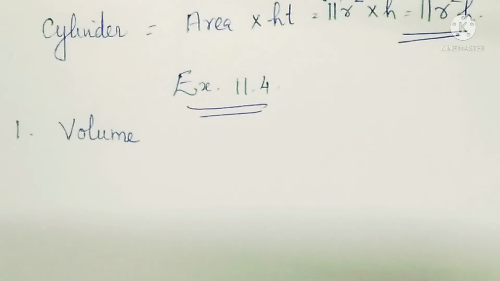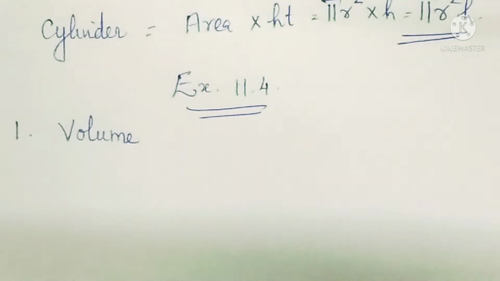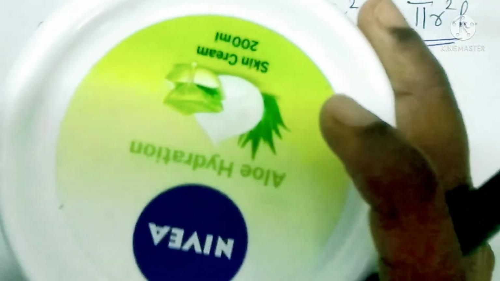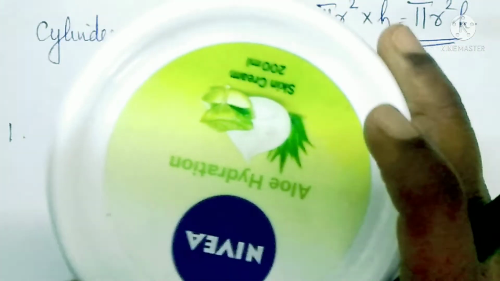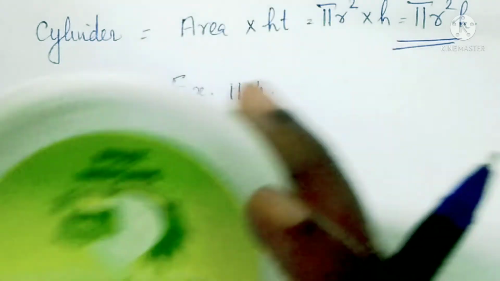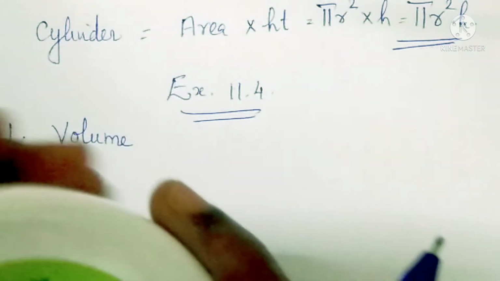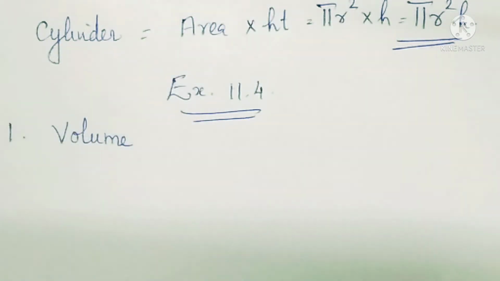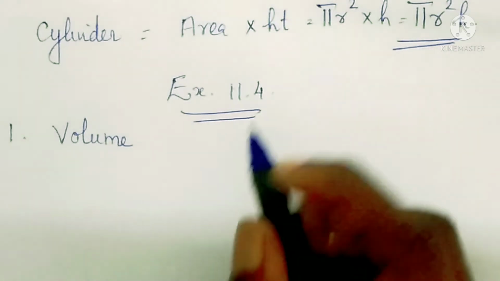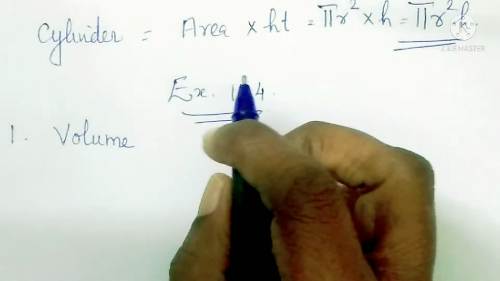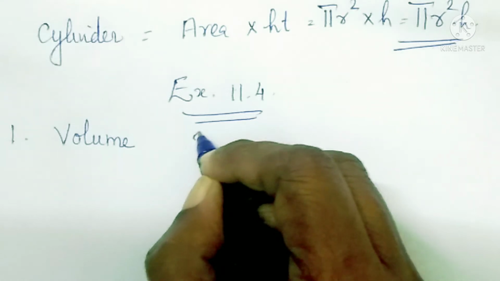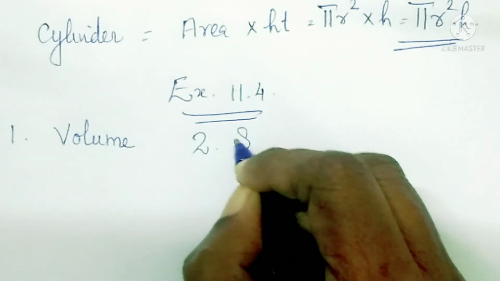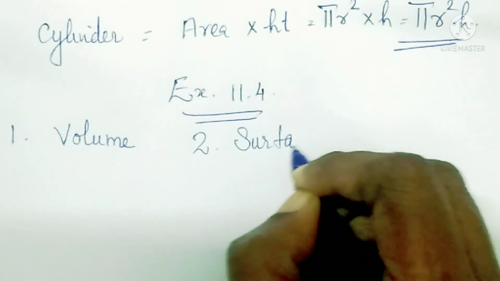If this is the cylindrical tank and we need to plaster it, while plastering we need to cover everything. Plastering means applying the paste of cement to cover this complete area. So what do we have to find out? We have to find the area, the surface area. So in the second case, we have to find the surface area.